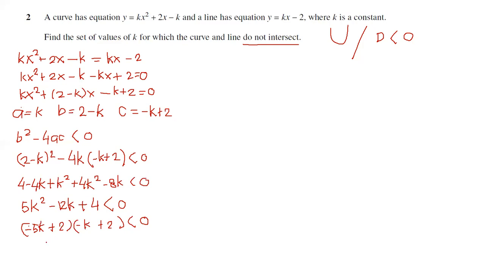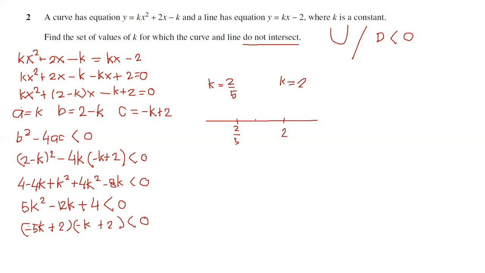Afterwards, for this term, k becomes 2/5, because we are going to find the solution through a number line, and k equals 2. Number line, 2/5 here and 2 here.